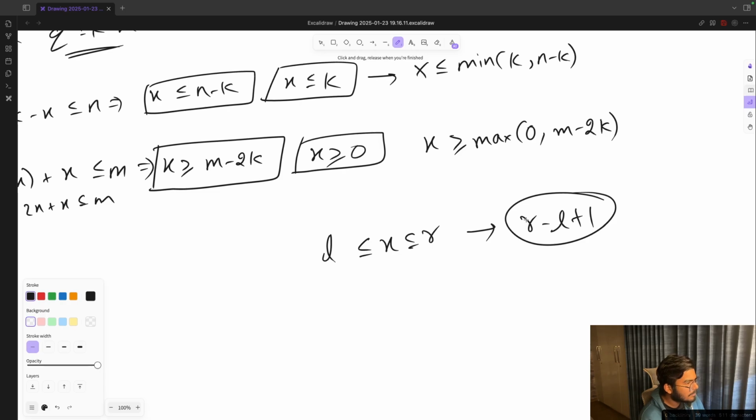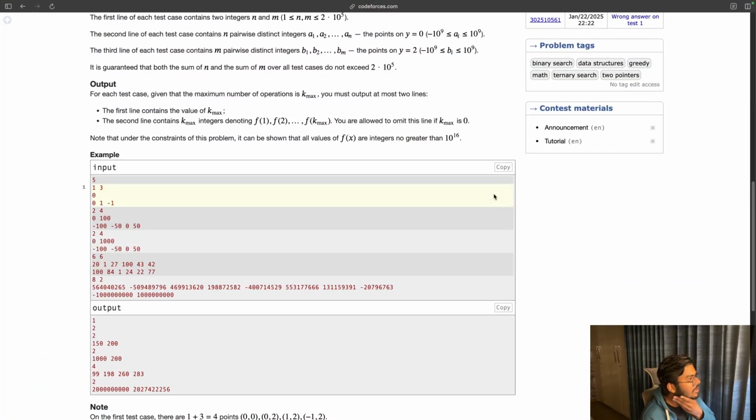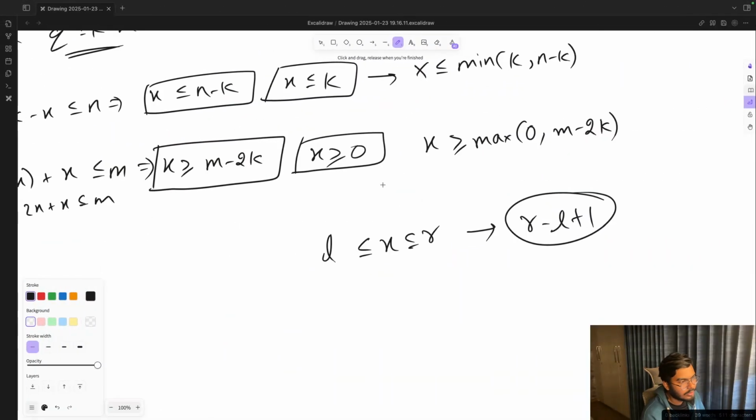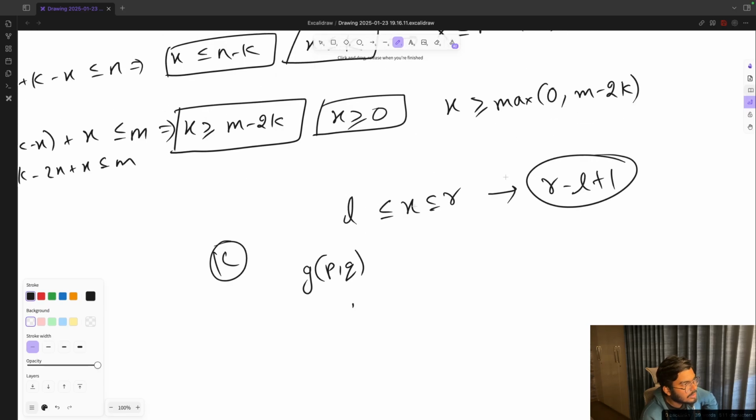So for that, I mean, what was even asked in the question? I went with the flow and we calculated this, but okay, we are asked to find the maximum value, right? So what you will observe, if you are given a k value, we know the formula for g of p comma q, you can calculate it. It varies. Let's say the minimum value of p is given by this.